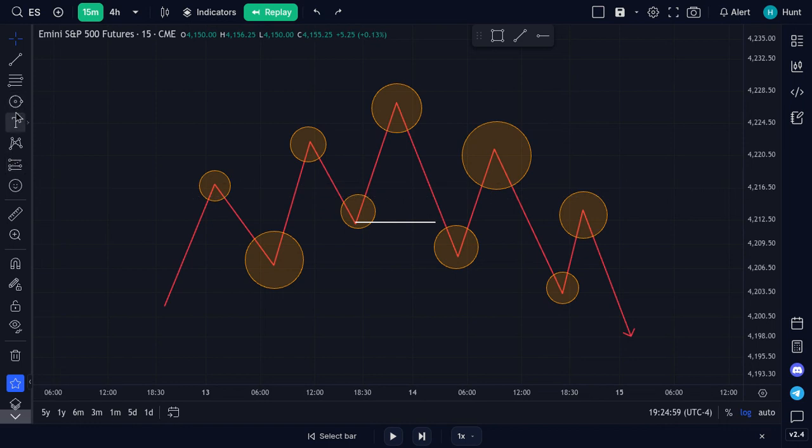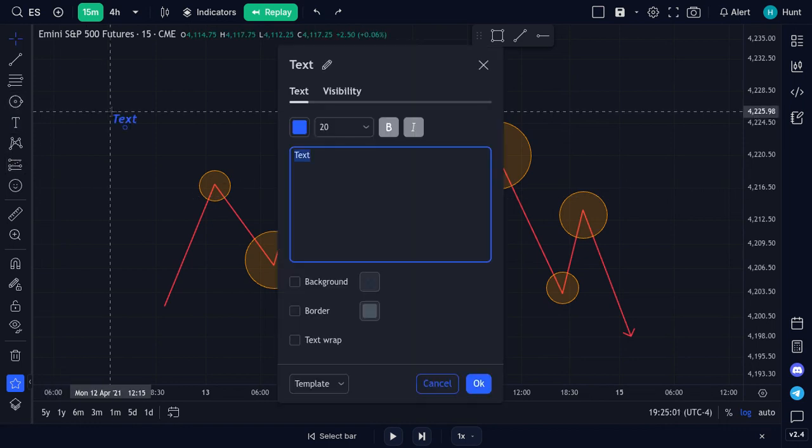So just remember, there are obviously highs and lows. Then there's higher highs, which are denoted by HH. There's higher lows, denoted by HL. Then there's lower highs and lower lows.